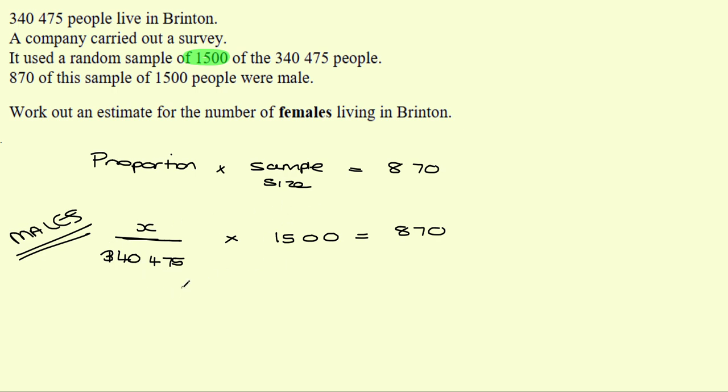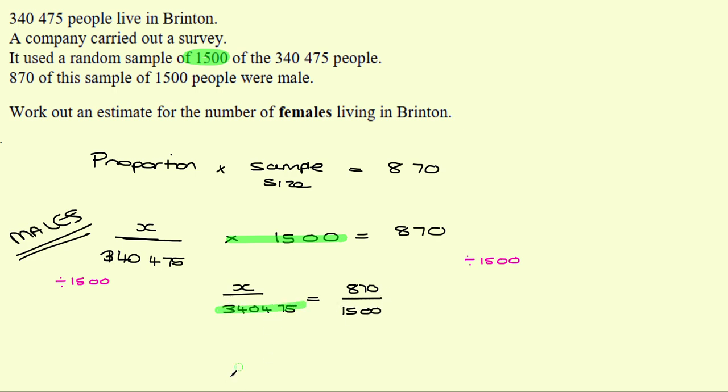So let's rearrange this. Let's sort out what X is going to be, how many males there are. First, we're going to get rid of the times by 1,500 by dividing both sides by 1,500. Gives us X over 340,475 is equal to 870 divided by 1,500.